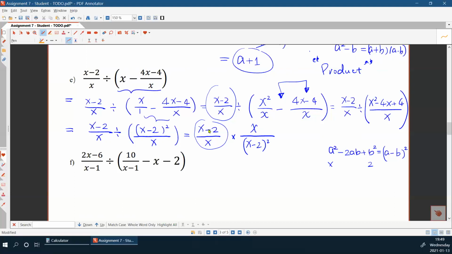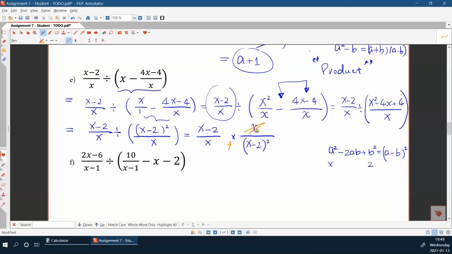And now you can see that, first of all, you have a multiplication sign here, right? And second of all, both of the two terms are in the factored form. That means they are both a product of something, right?